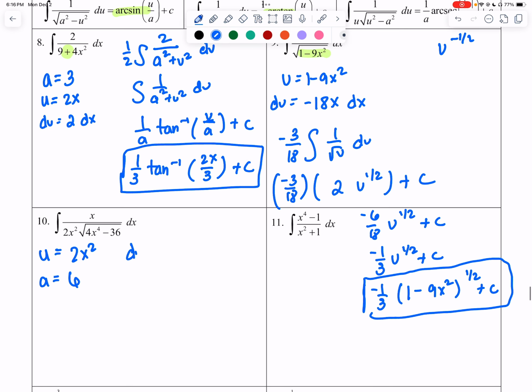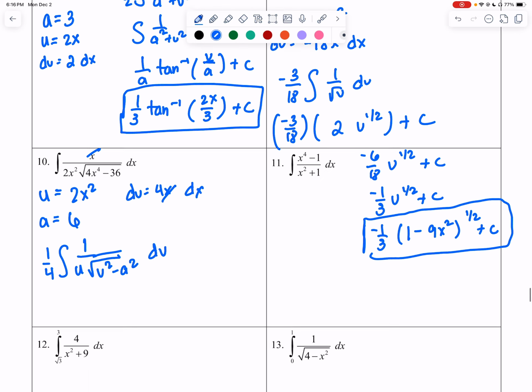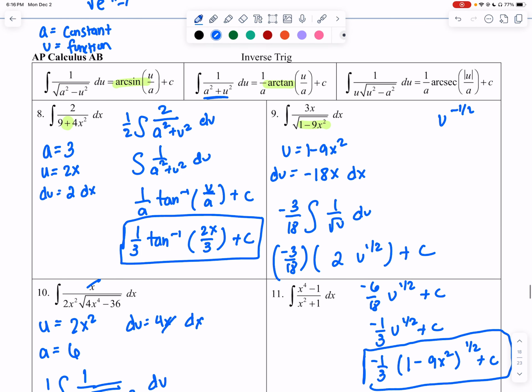This tells me that du is going to be 4x, so then I have 1/4 the integral of, the x will cancel out here, 1 over u square root of u squared minus a squared du, and that is going to be inverse secant. Now remember that that is going to be the absolute value of u over a.